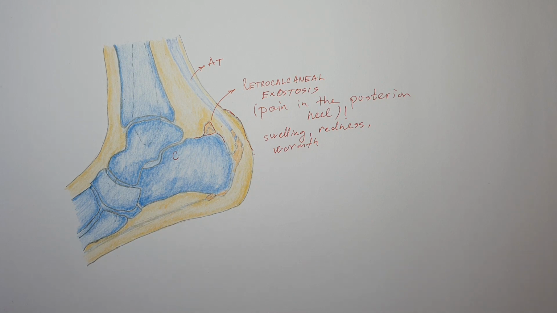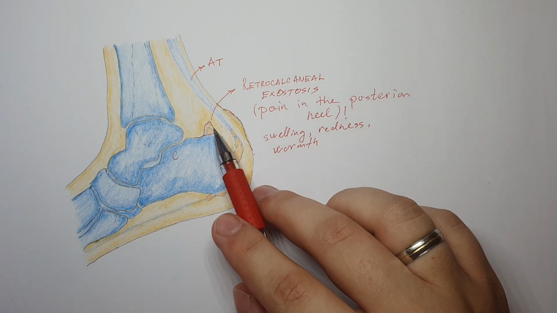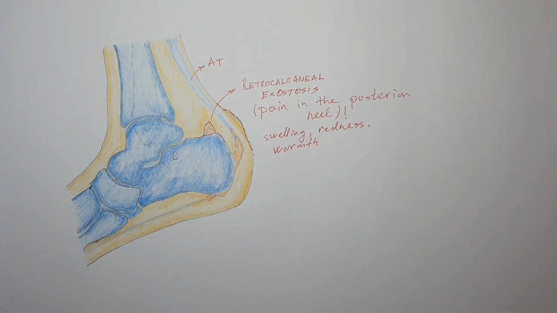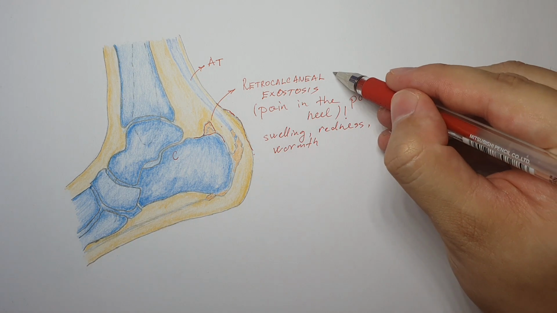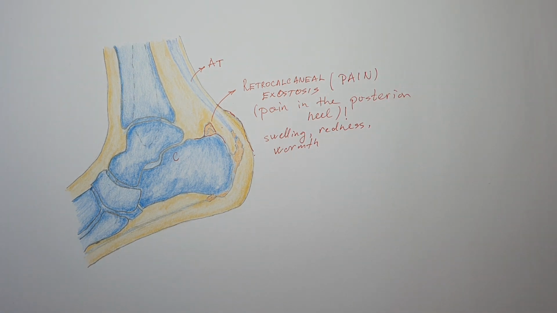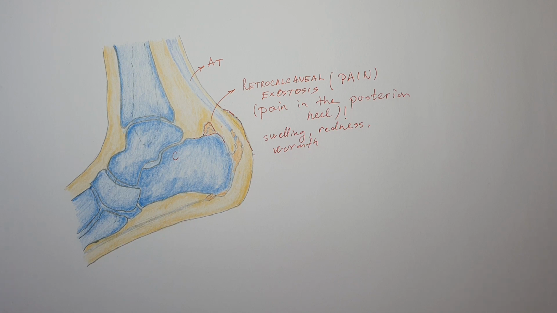But when the bursas are not in a significant inflammatory state, and the only problem is the pressure of this bony exostosis, the marked feature is actually this pain, and this is the biggest problem of the patients.